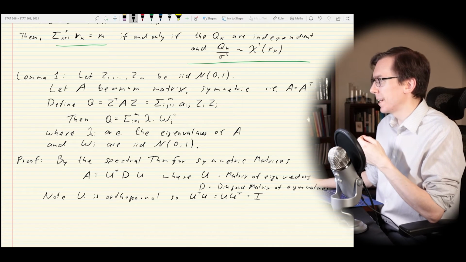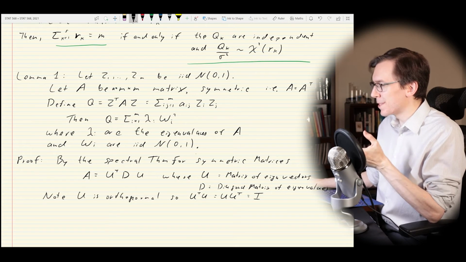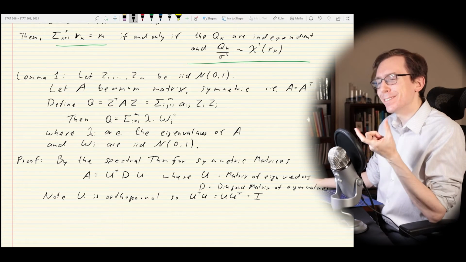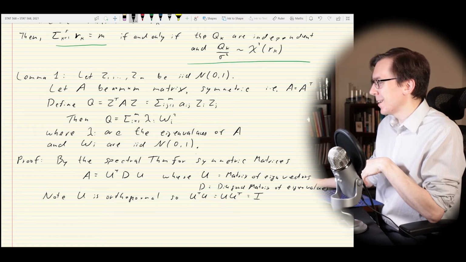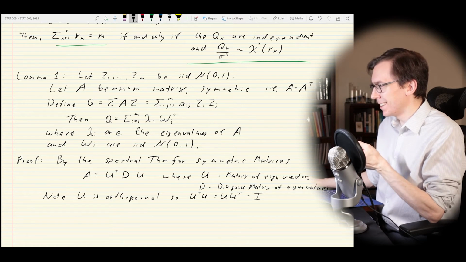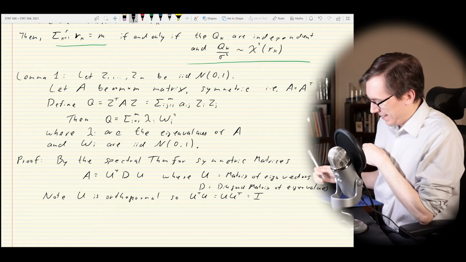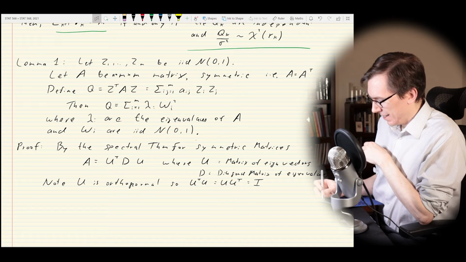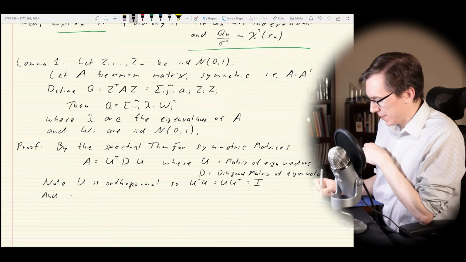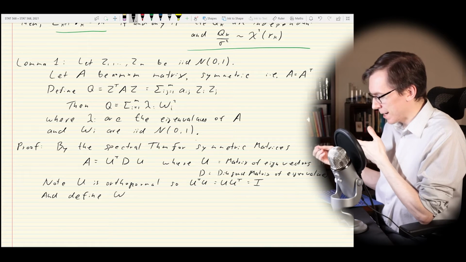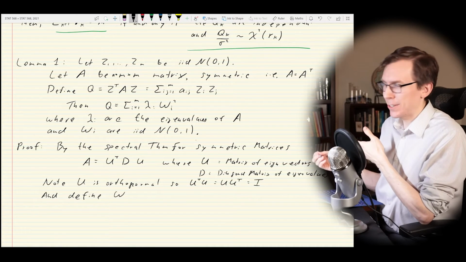Usually, if you multiply a matrix by its transpose, you may not get the same thing as the transpose times the matrix, right? Anyway, what are we doing? We're actually almost done with this as a result. What we do is define the W, because all I said was W is going to be an IID vector of normals.